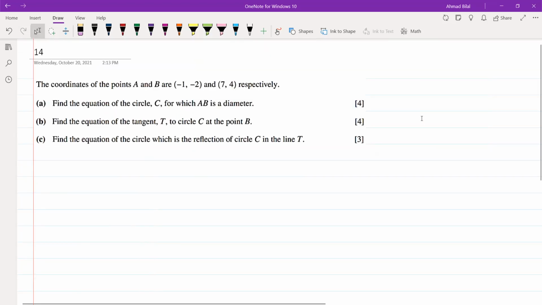Number 14 from the worksheet, I will quickly go through the last part of this because that's slightly different. The first two parts are pretty standard. You have to find the equation of the circle C for which AB is a diameter. What you do is you find the center first. How will you find the center if AB is the diameter? Any idea?